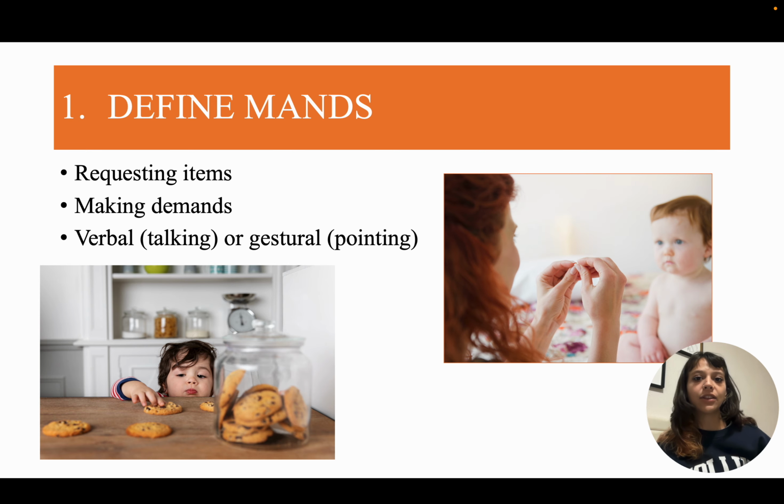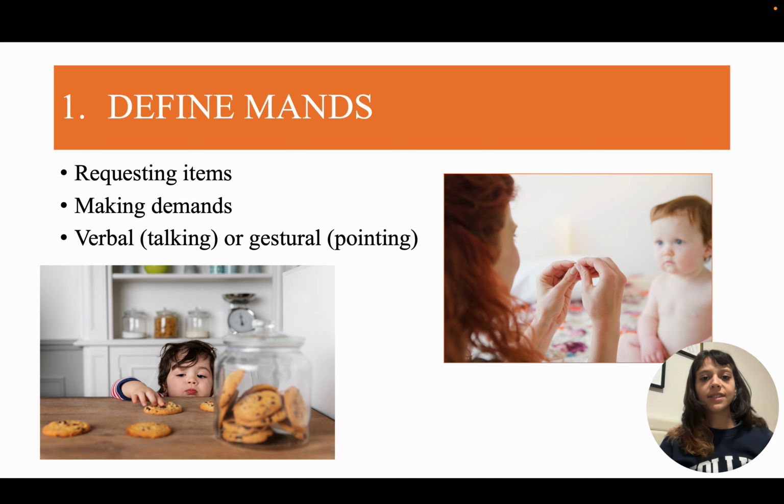They're requesting the water. And you can see that they're requesting the water because they're indicating that they're hot and thirsty, and then they're actively pointing to it. So the difference between a mand and an interverbal or a tact, which we're also going to talk about, is the SD is a little different.